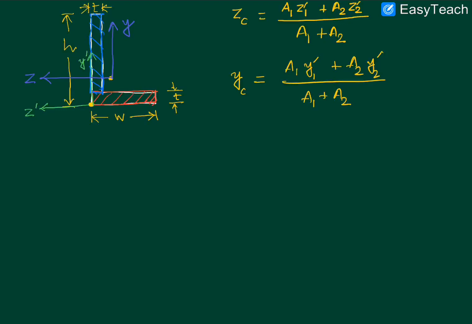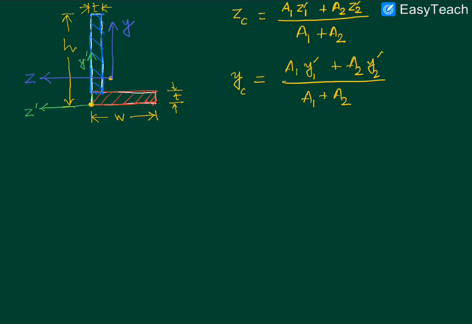And in order to find out the values of the second moments of area, that is the IZ, the IY, and the IYZ, we'll again take the help of the idea that the L-shaped cross-section is composed of this red-colored rectangle and the blue-colored rectangle.